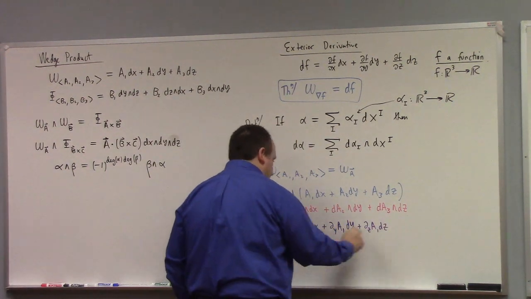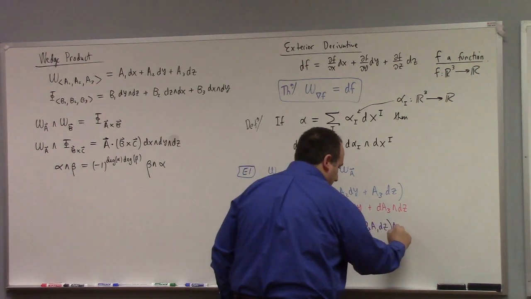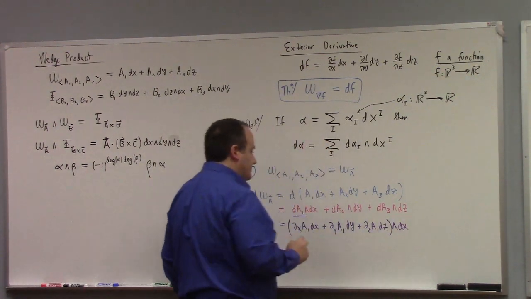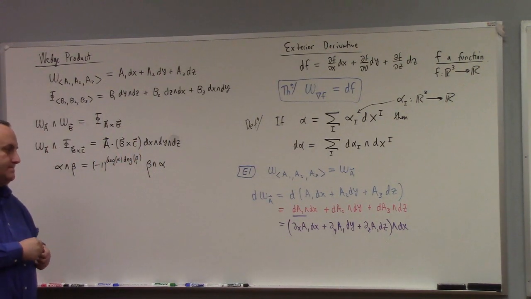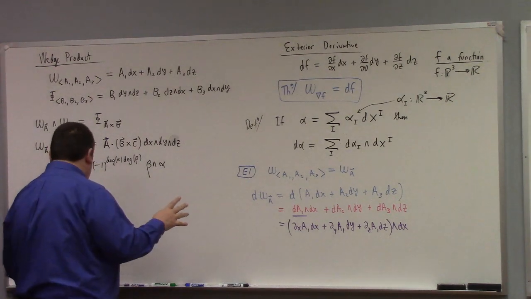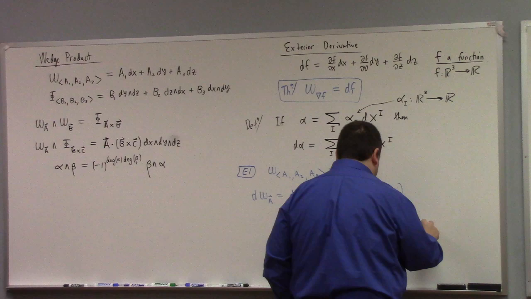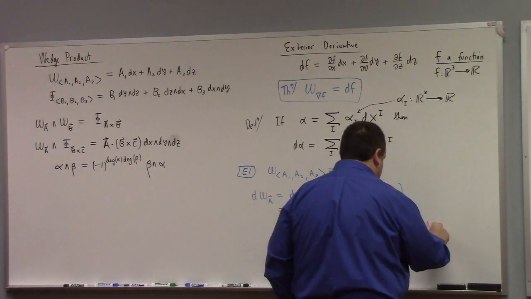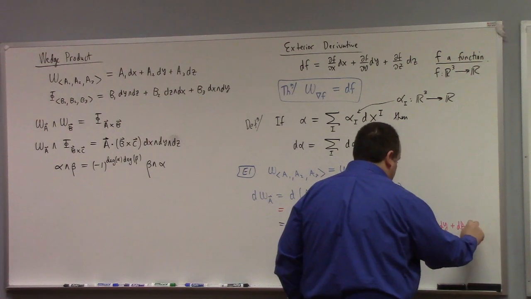So that right there is all just dA1 expanded out. And rather than write the other two all the way out, I'm going to go on the pattern of the first one. I'll do the first one carefully, and I'm just going to write down the answer for the other two.